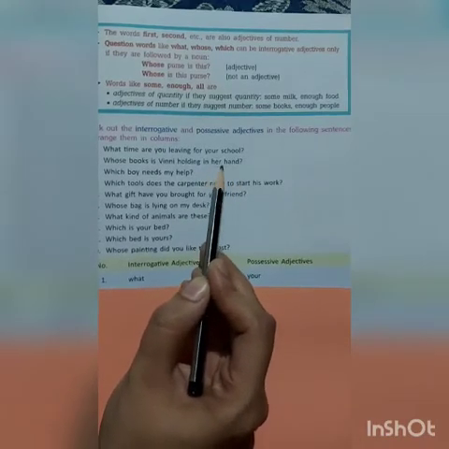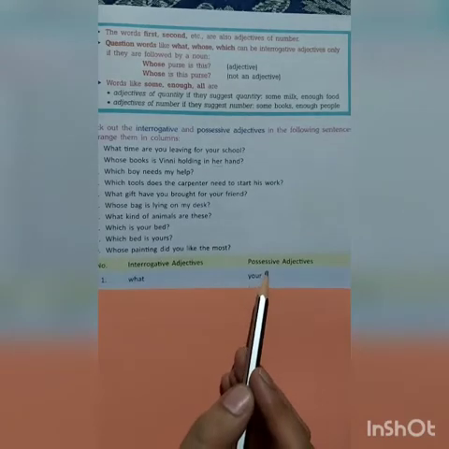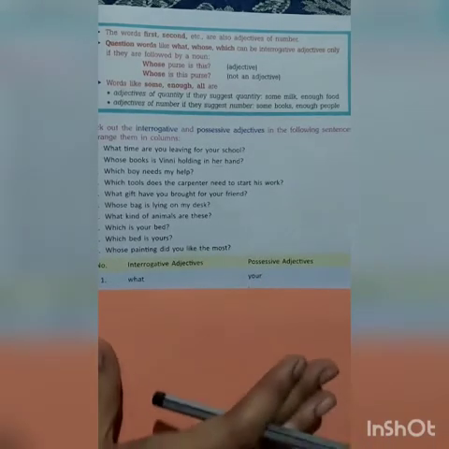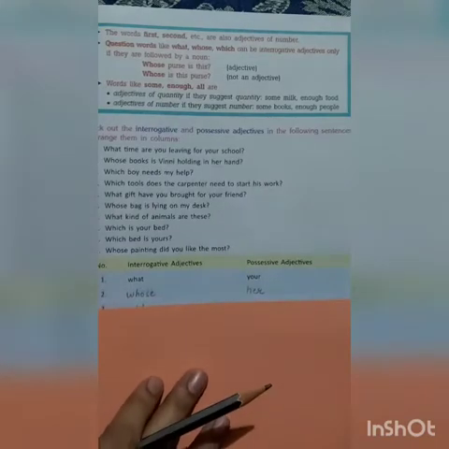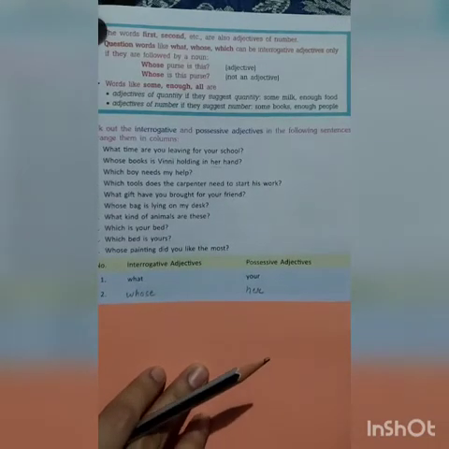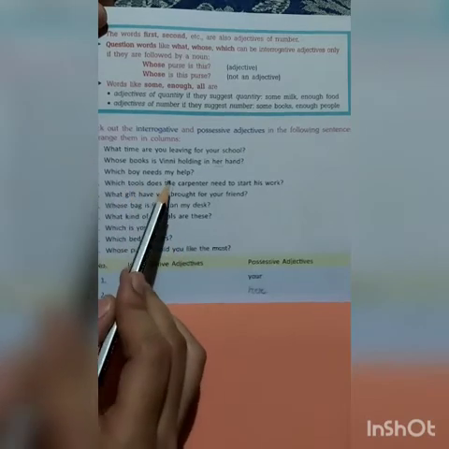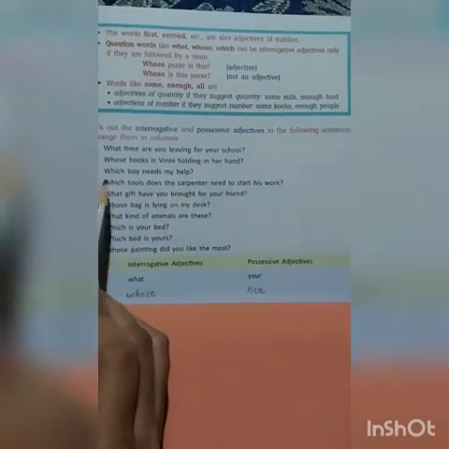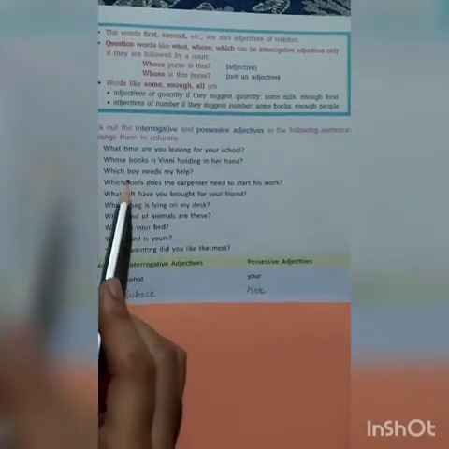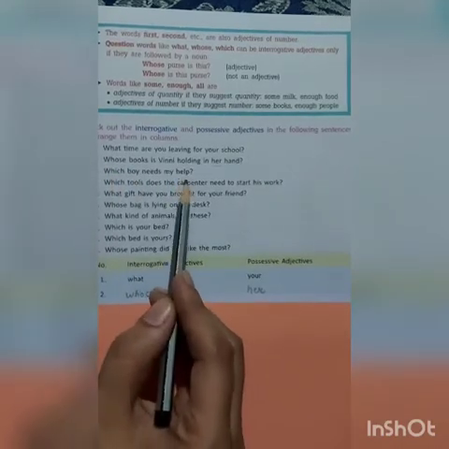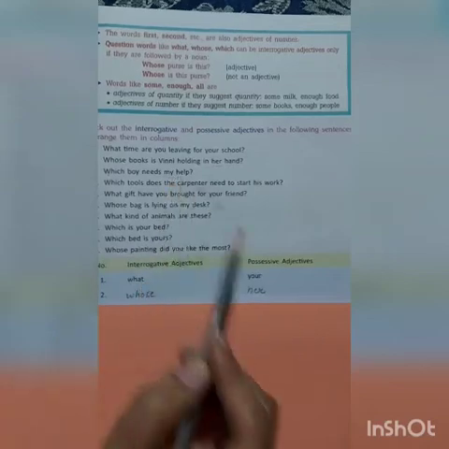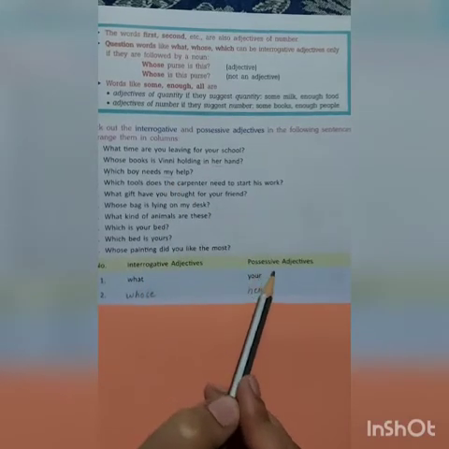Her hand. So her will be the possessive adjective in this sentence. Next, which boy needs my help? Which boy? So which is an interrogative adjective. And whose help? My help. So my will be possessive adjective.